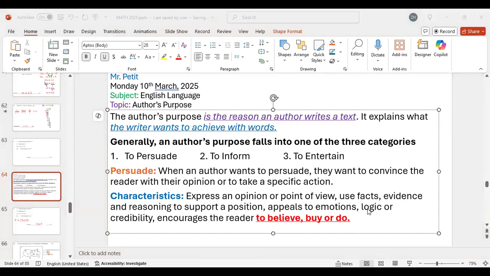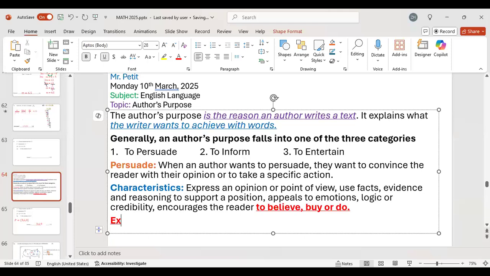All right. What are some things, articles or stuff, where you find persuasive writing? Where would you find a place where you know that the author's purpose is to persuade?